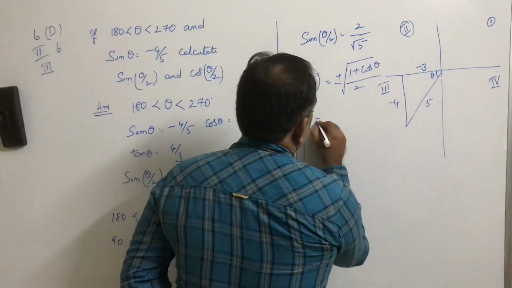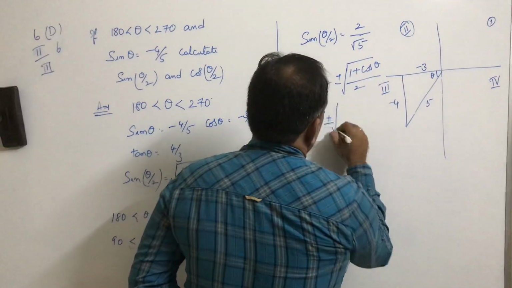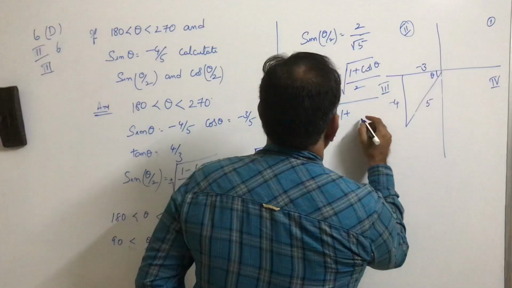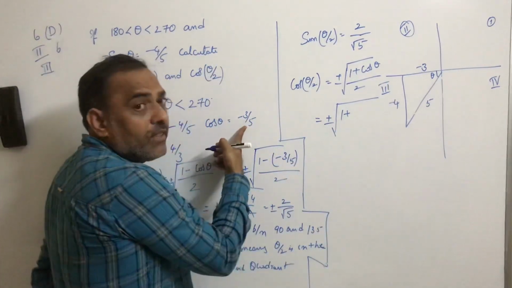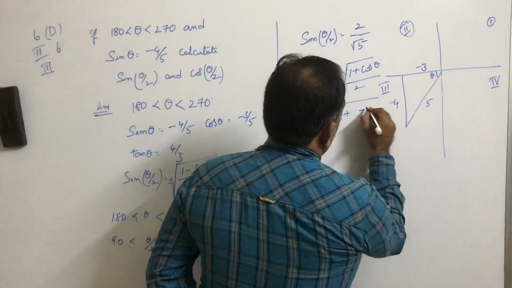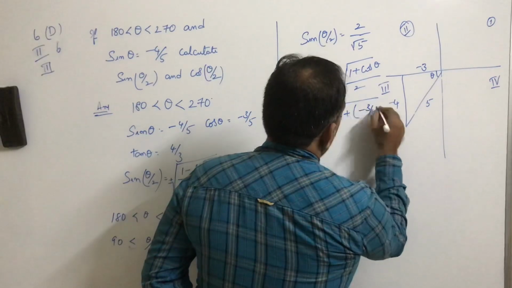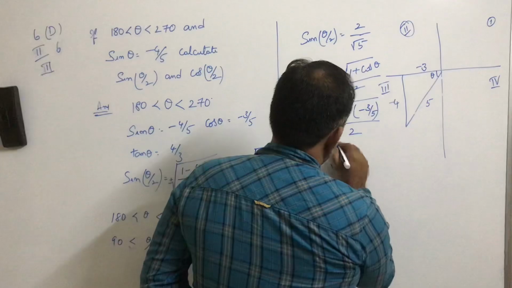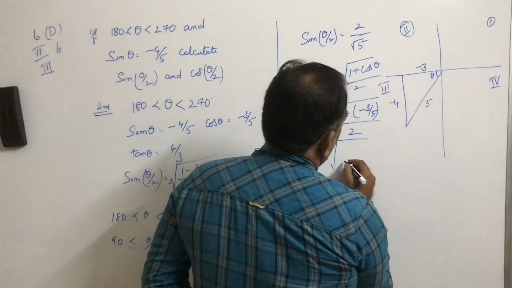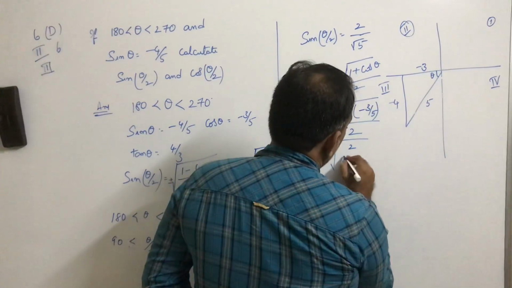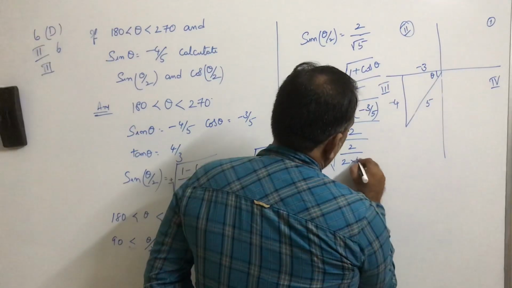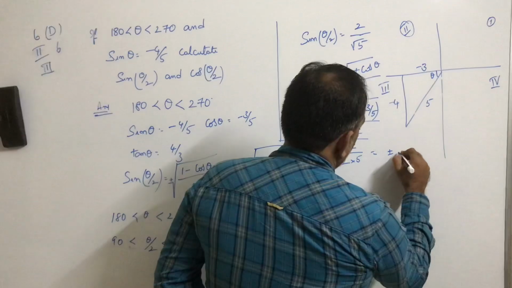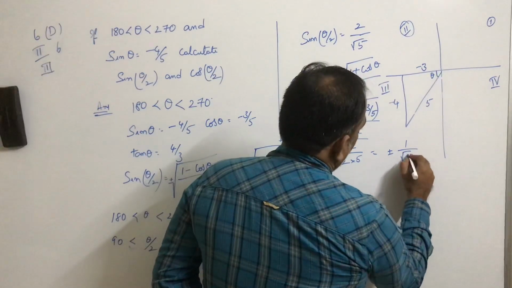Cos theta is minus 3 by 5, so it equals plus or minus square root of (5 minus 3) by 5 into 2, which is 2 by 2 into 5, that equals plus or minus 1 by root 5.